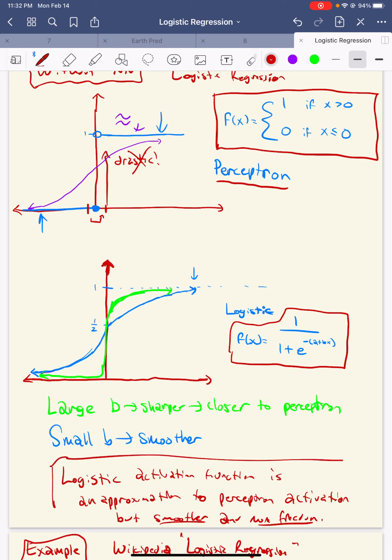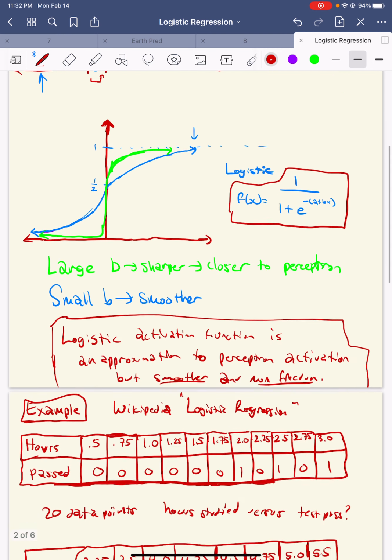So in most applications, you're not going to see a perceptron type of activation function. You're going to see logistic or something else.